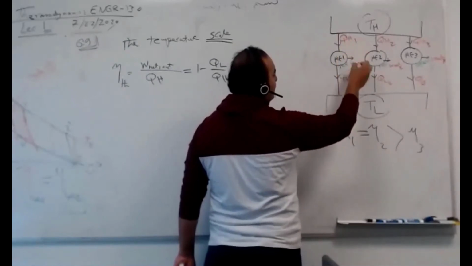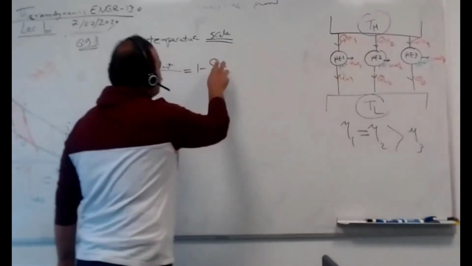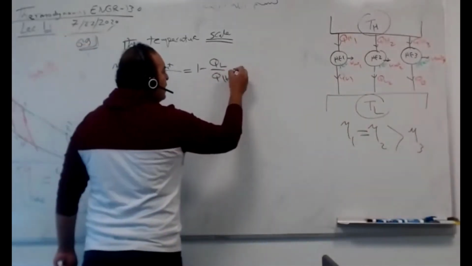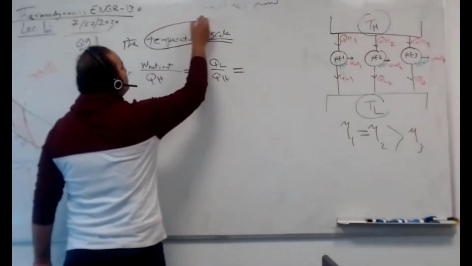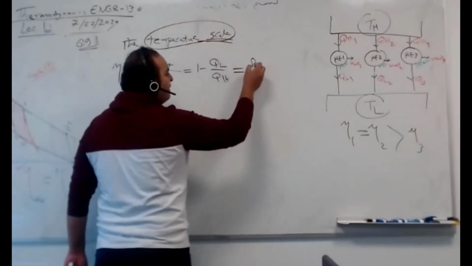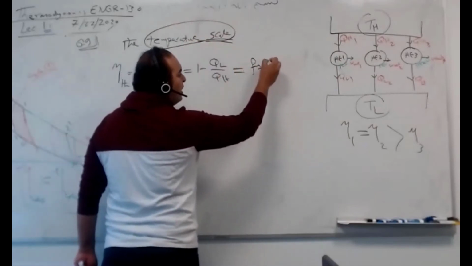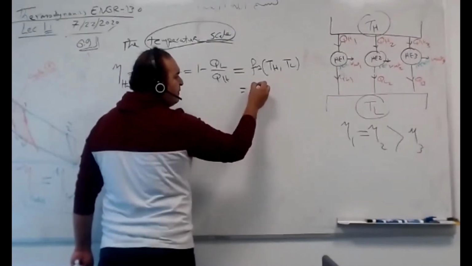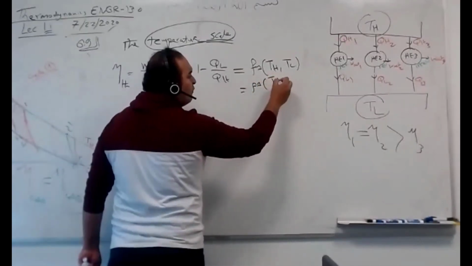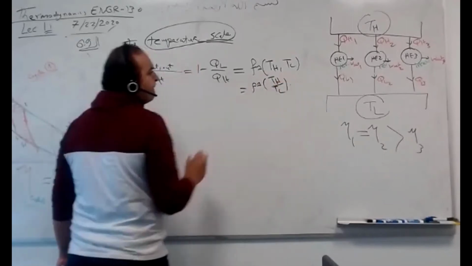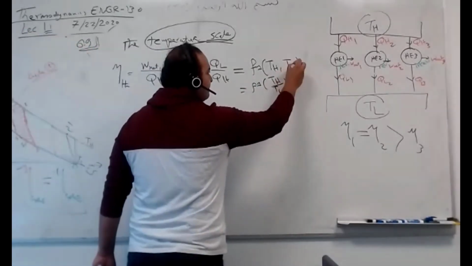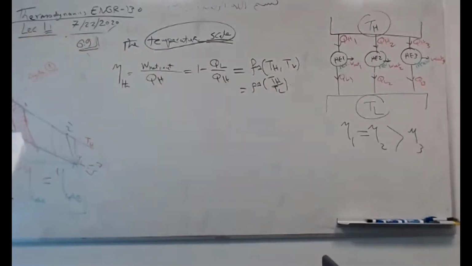So I can replace W net by Q high minus Q low, which gives 1 minus Q low over Q high. It also has something called a temperature scale. It's a function of T high and T low, or a function of T high over T low. It's called the temperature scale in thermodynamics.